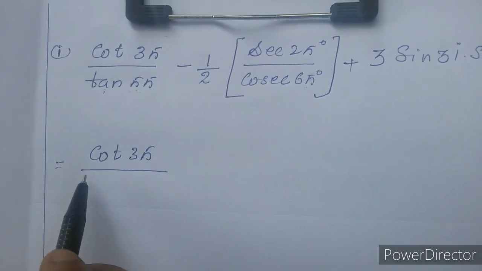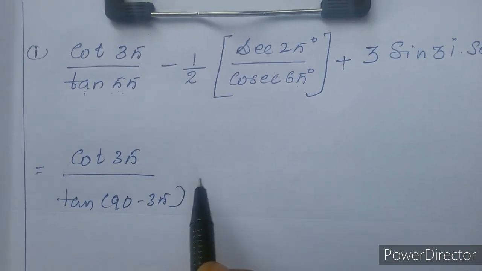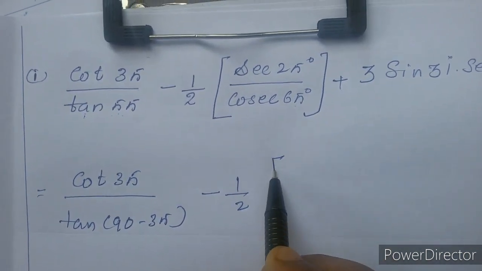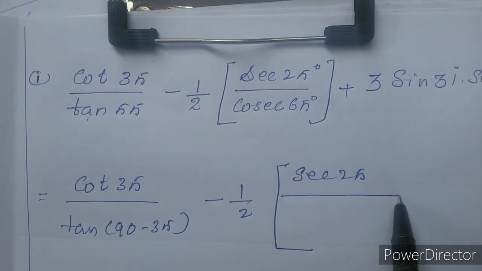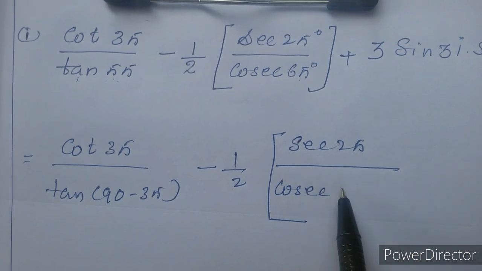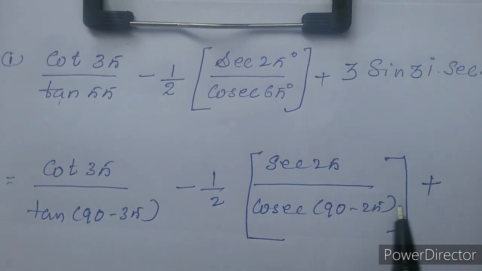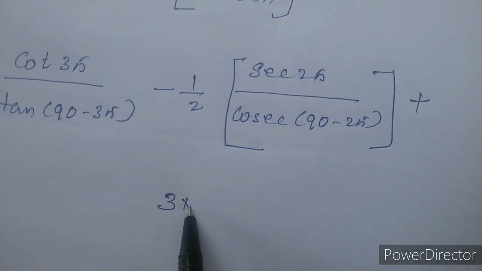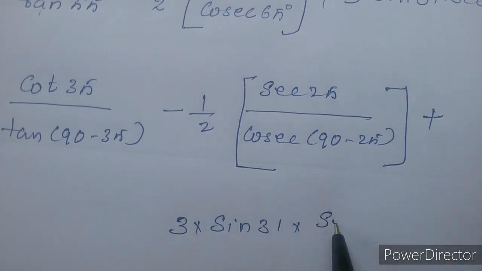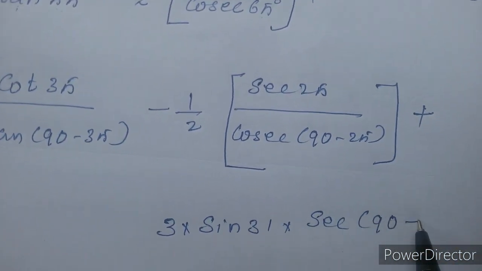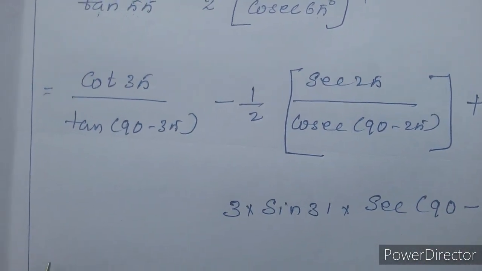We change tan 55 to tan 90 minus 35, cosec 65 to cosec 90 minus 25, and sec 59 to sec 90 minus 31, because 31 plus 59 is equal to 90.